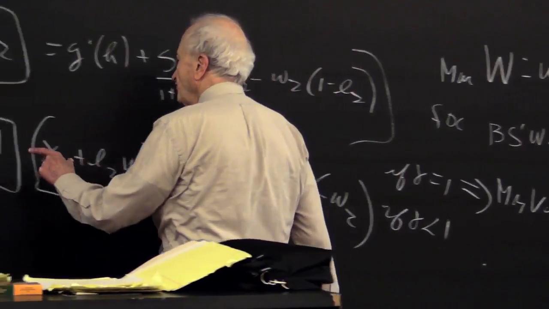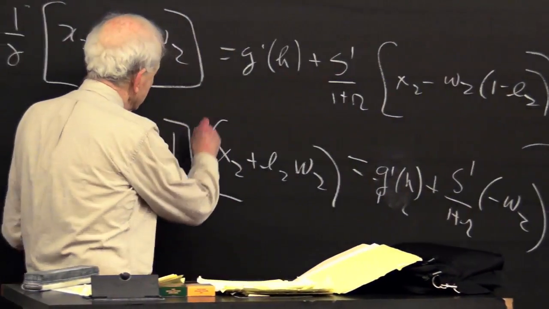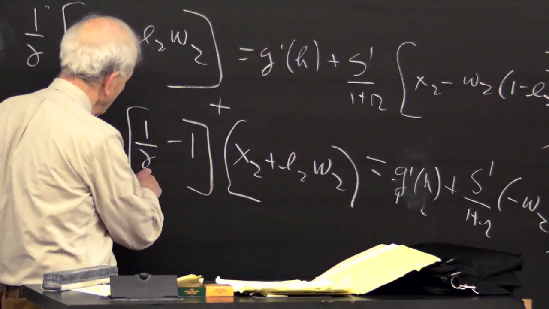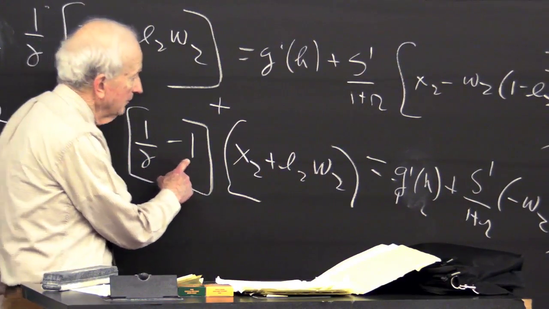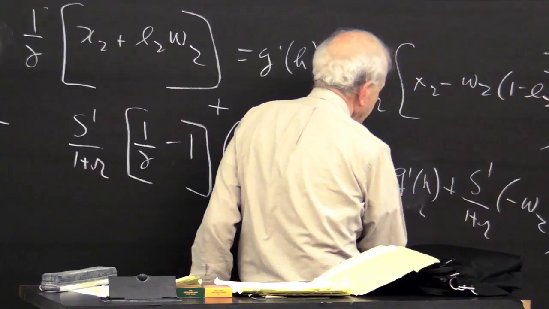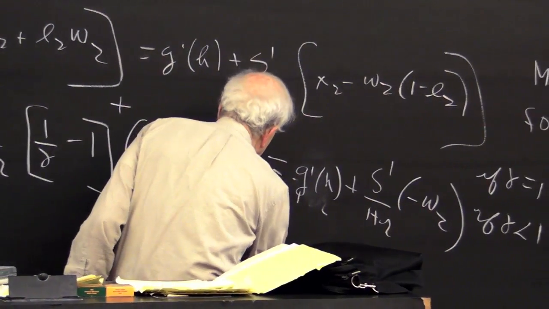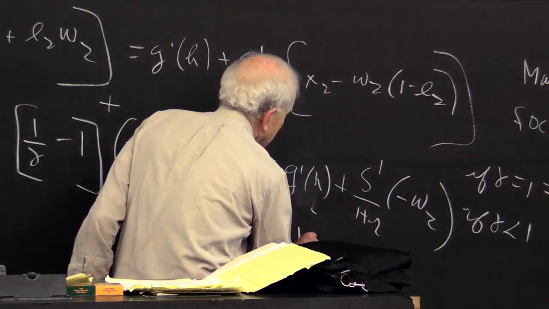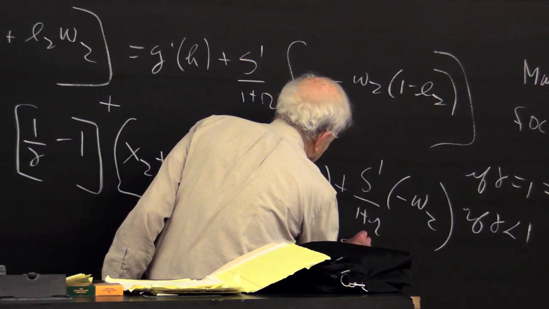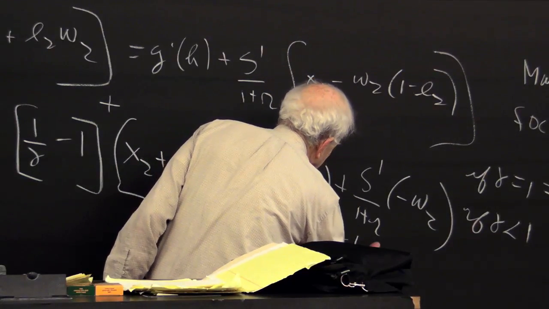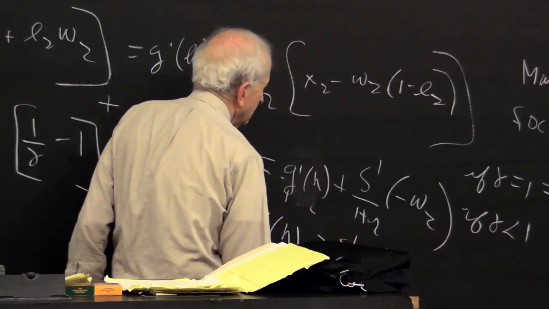Well, we know that this side here is positive, because 1 over gamma is greater than 1. And so that would say that G prime of H is then greater than S prime over 1 plus r times W2, right?